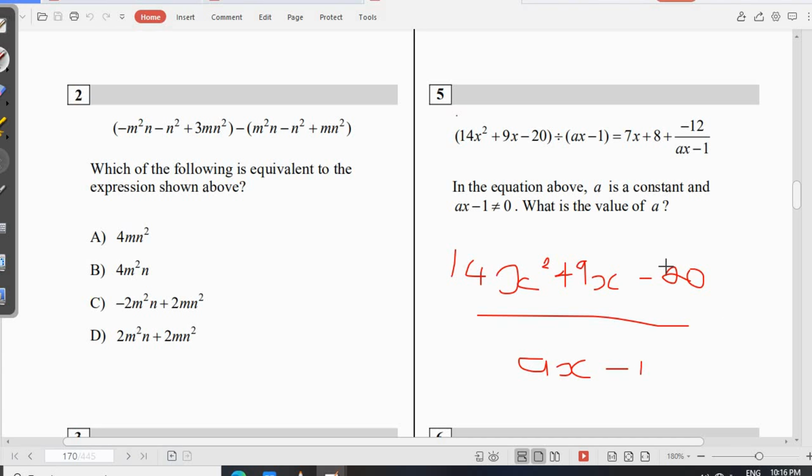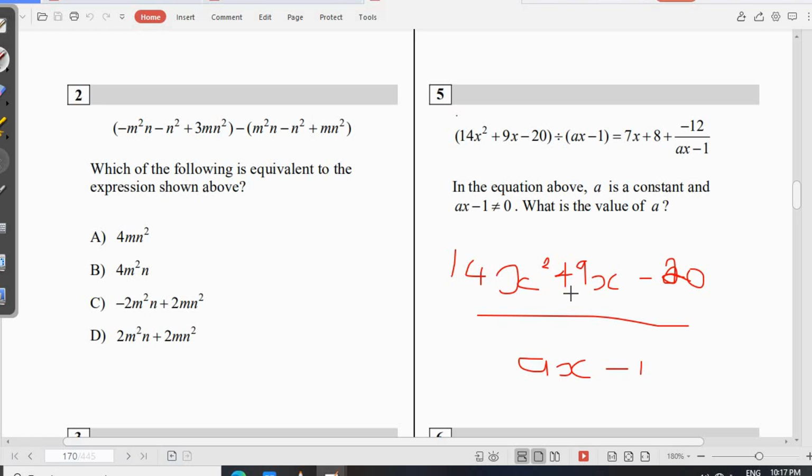This is just one term, because you are dividing it. It's not individual terms like this plus. You see this plus means that the individual terms are separated, because you can move them easily. But this one is a single term here.